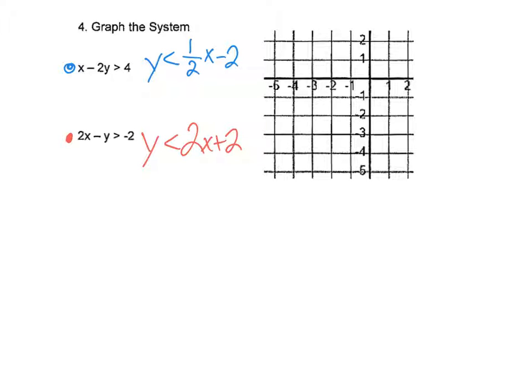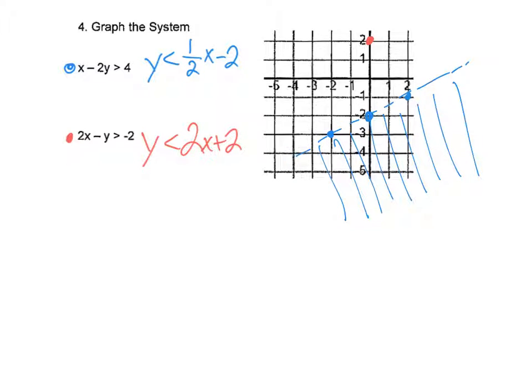Graph them. See where they hit. On the second equation, you run out of room on your graph, so you're just going to have to reverse it right off the bat. Down 2 and left 1.